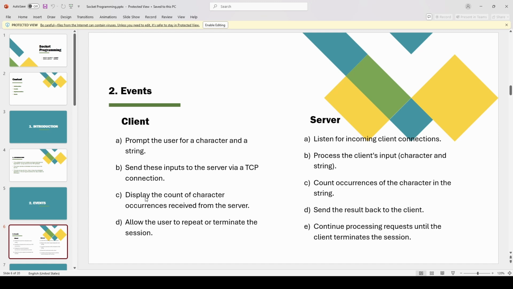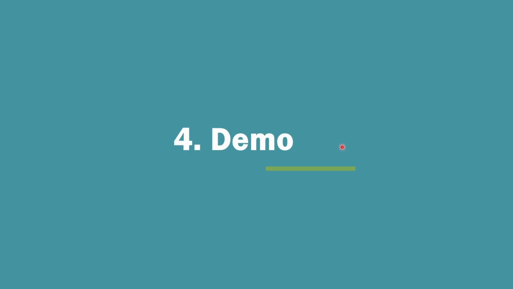The client displays that number and then gives the user the option to either repeat that process or terminate the session. Let's start with the actual implementation and we will show some demos along the way.